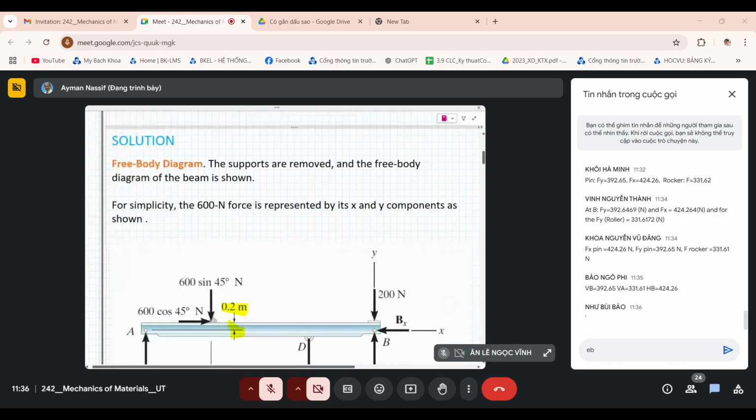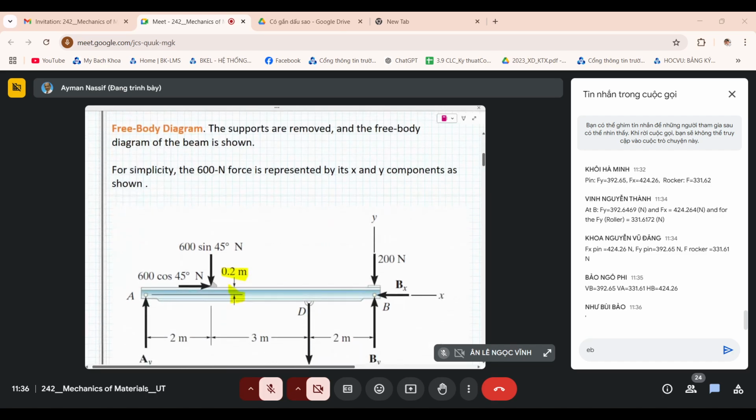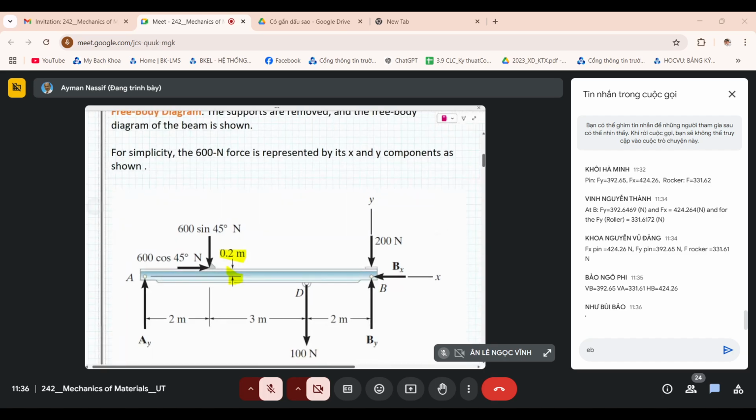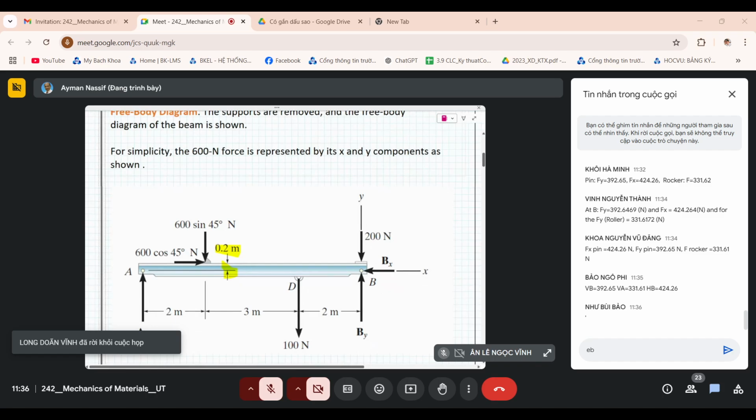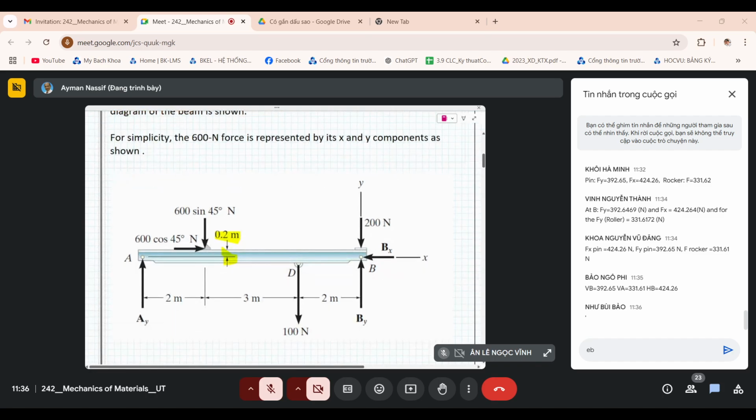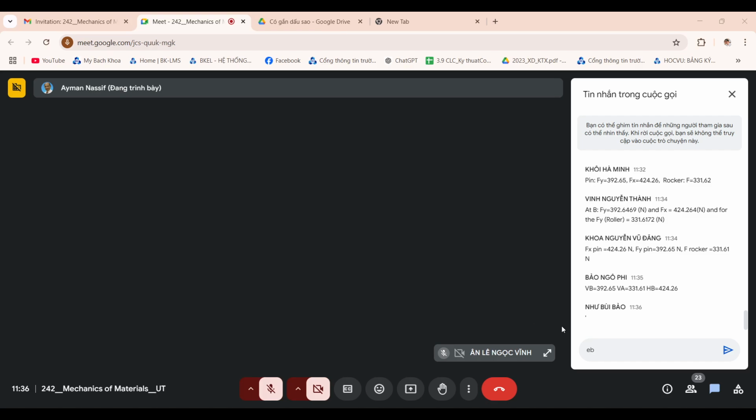Basically, the 600 newtons, as you have done in your solutions, is presented by its components, 600 newtons, not kilonewtons, and the distance 0.2. Maybe you notice this as well. So this is the distance to the location of the pins.